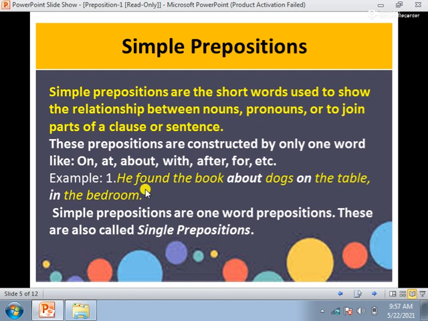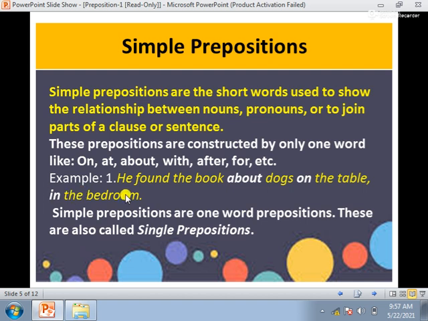At first go through the example. He found the book about dogs on the table. Here in this sentence you are getting two prepositions: about, that means about the dogs, and on the table, which mentions position.